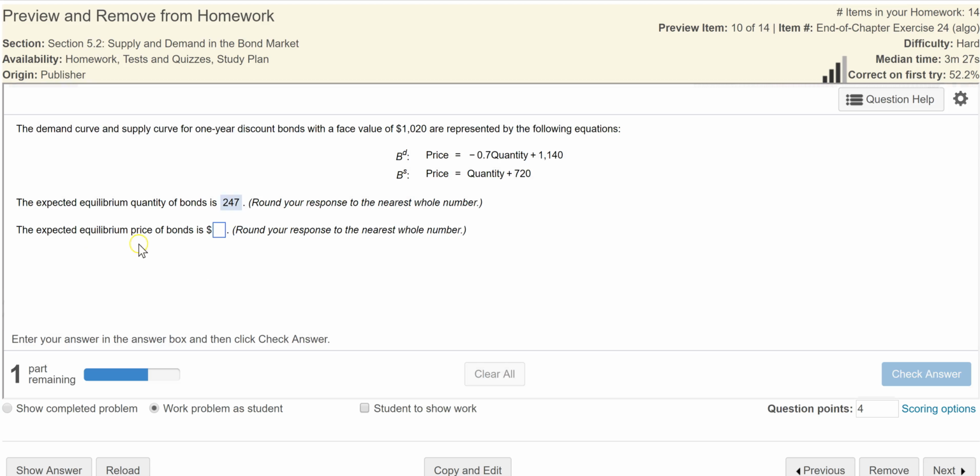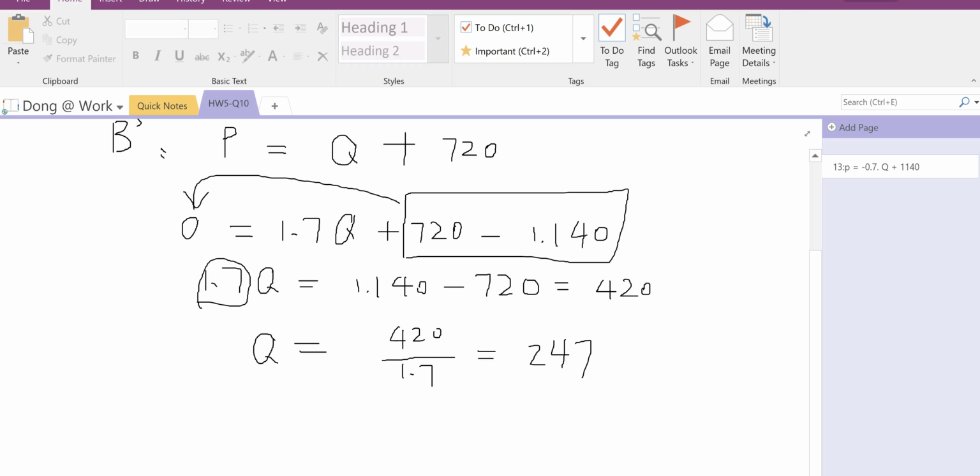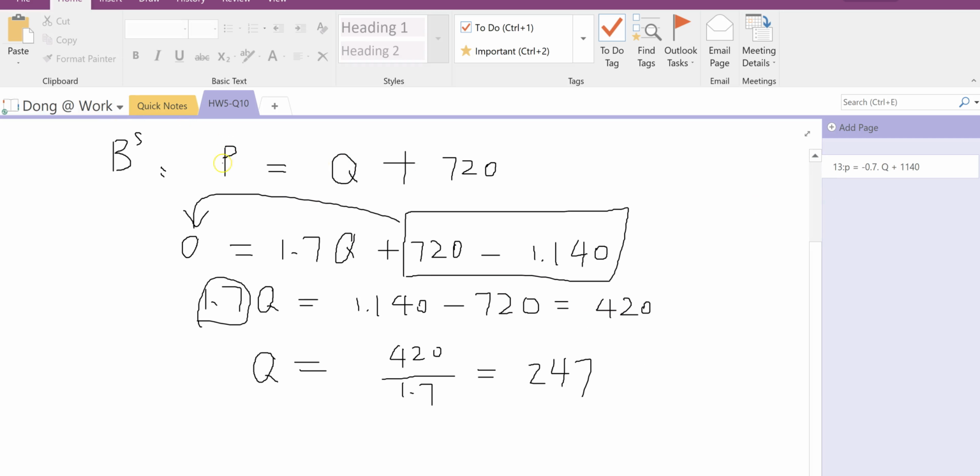Continue. The expected equilibrium price of bonds is, as we said, once you get the quantity, you can just plug that quantity into either the demand or supply curve. It doesn't matter. It will give you the same answer for the price. So why don't I plug that number into the supply curve, because the supply curve is a bit simpler. You can directly plug in Q and add 720 and get P. So P equals 247 plus 720.